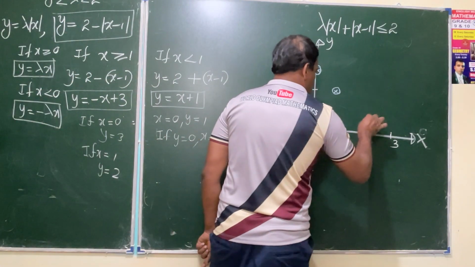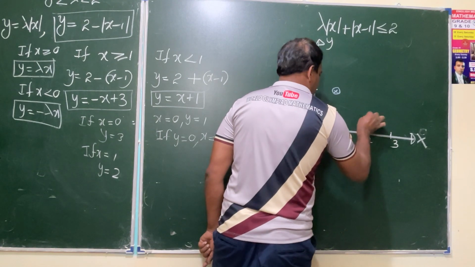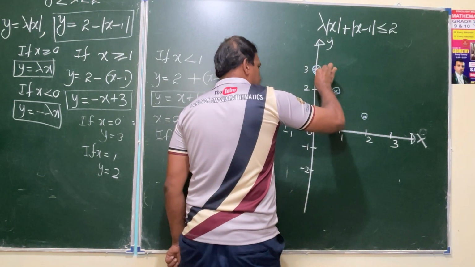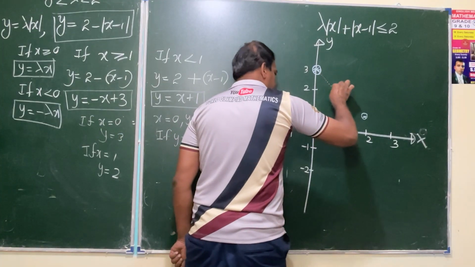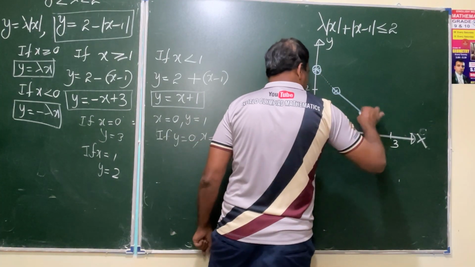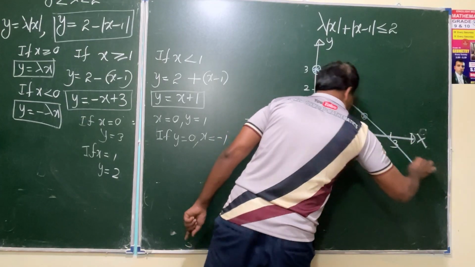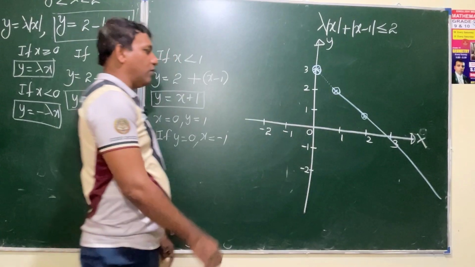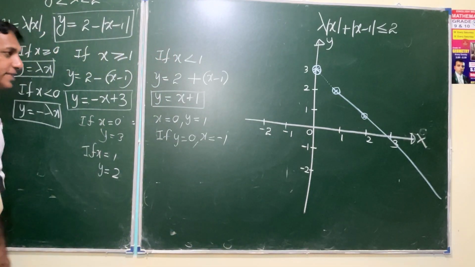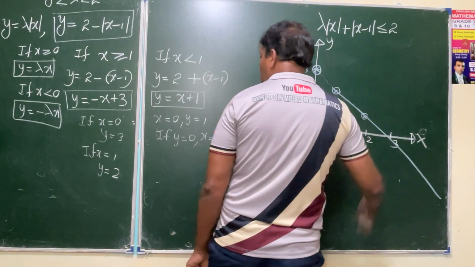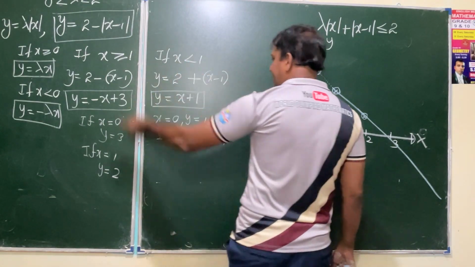If x is 2, y is 1, okay. So if I draw the graph, it won't go through this. Hereafter straight. If you put x as 3, y is 0, right? In my rough diagram, the straight line y equals minus x plus 3 is for x greater than or equal to 1. Now draw x less than 1.